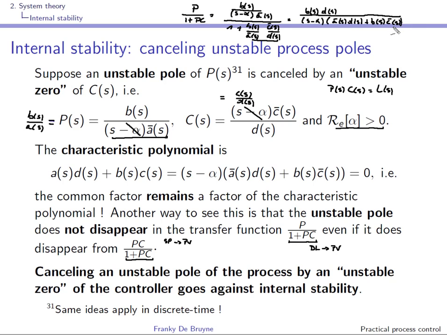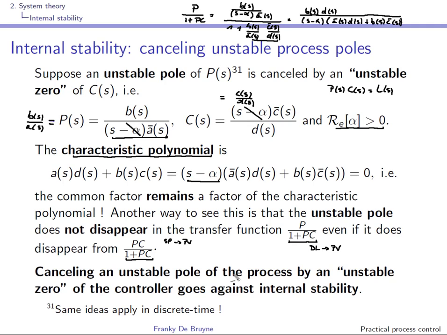This is the denominator of the transfer function, and this is sometimes called the characteristic polynomial. You see here that s minus alpha remains a factor of the characteristic polynomial, so this transfer function from the load disturbance to PV will be unstable.